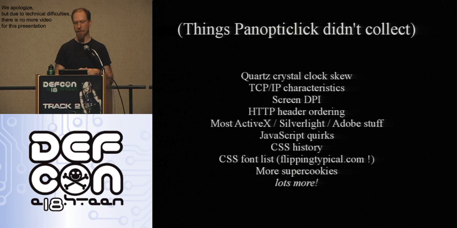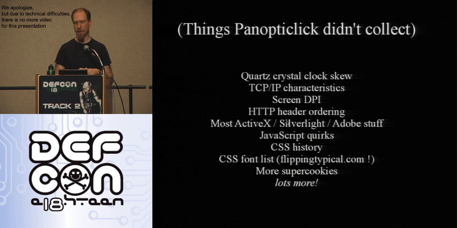One particularly nasty thing is you can measure the clock skew of a quartz crystal. That is how much faster or slower than another clock your computer is. That's very hard to hide, and it's unique to your hardware rather than just your software. You can measure the characteristics of the operating system's TCP/IP implementation. You can measure the order in which the headers show up.